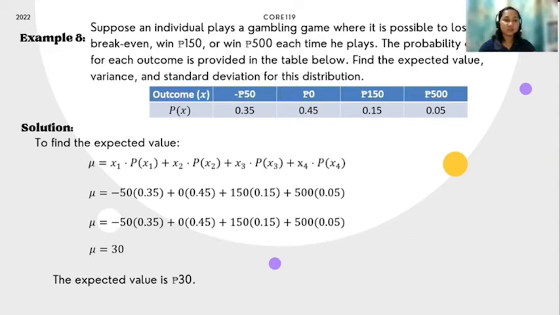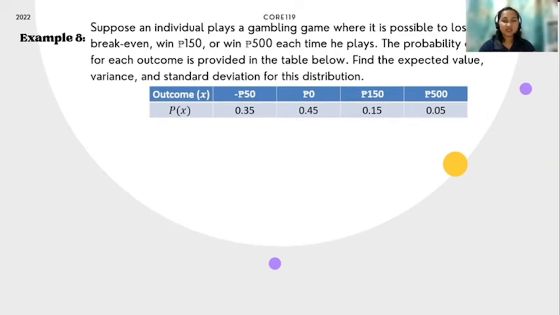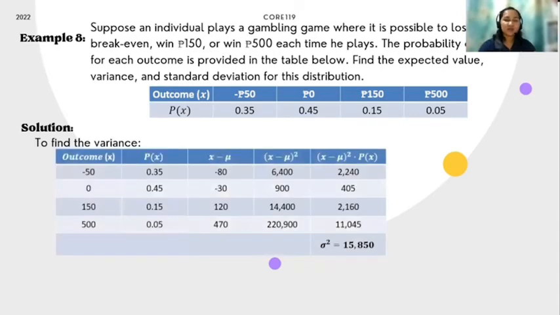In relation to the variance and standard deviation, first we can construct a table so that we can easily find the variance, because this computation is quite tedious if you're going to work it by hand. For the variance, the first column is the outcome, and the second column of that table is the probability. If the table presented in the problem is rearranged so that its orientation is vertical, we'll have the first two columns.